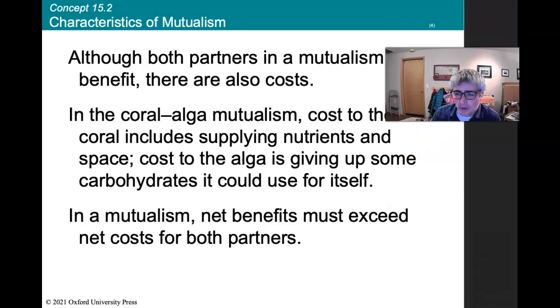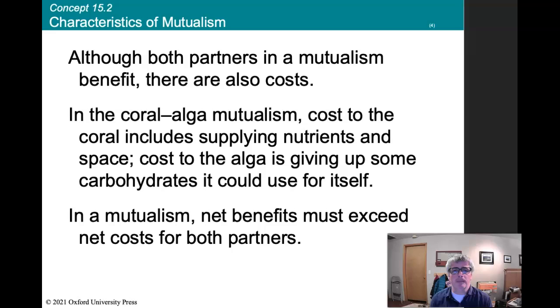Although both partners benefit in mutualism, there's also costs. In the coral algal mutualism, the cost to the coral includes supplying nutrients and space. The cost to the algae is sharing some of the delicious carbohydrates it just fixed via photosynthesis. In mutualism, net benefits must exceed net costs for both partners.